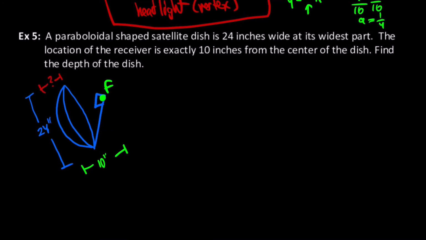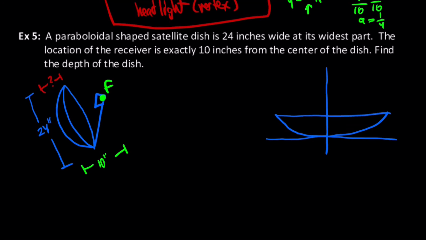What we're going to do, like we did up above, is we're going to put this on a coordinate plane. Okay, so the dish kind of looks like this. Cross section. It's not the best drawing. And what I know is that that distance is 24 inches. Which makes this distance here 12. All right, so this x coordinate's going to be 12.